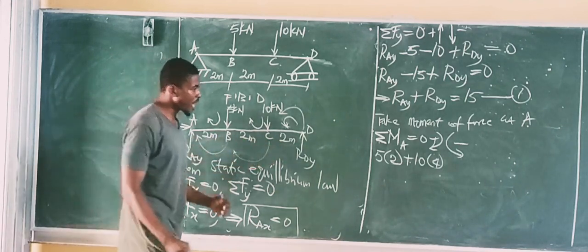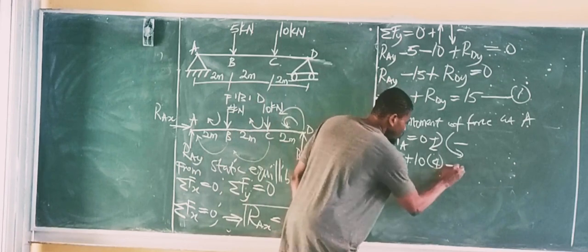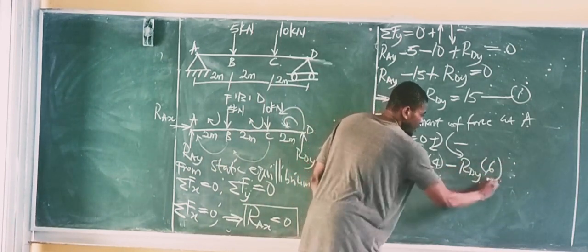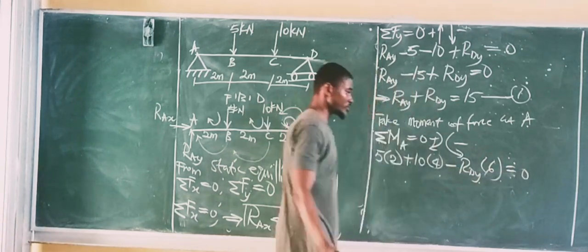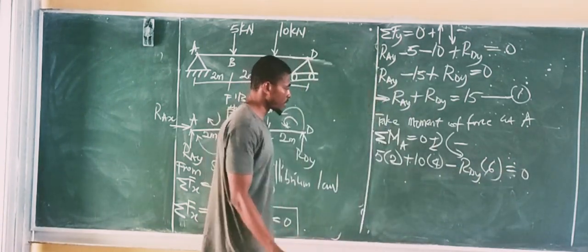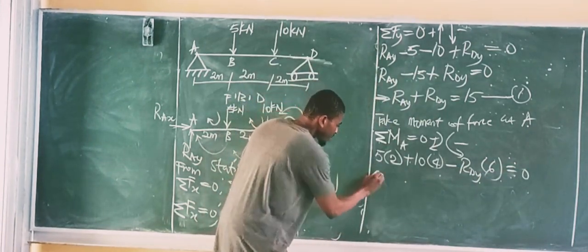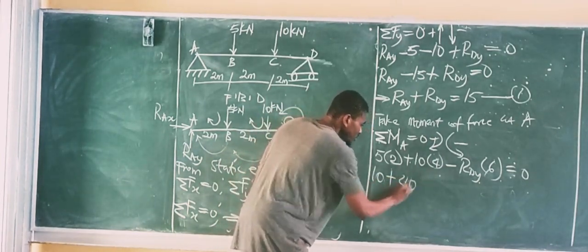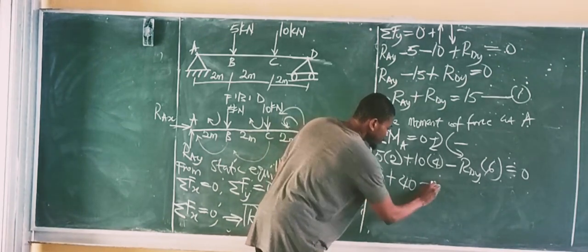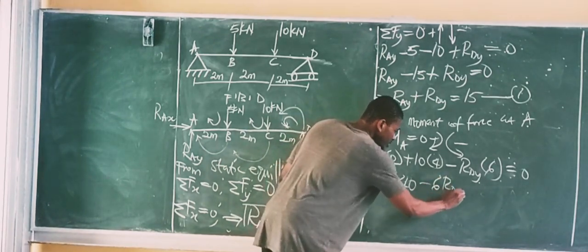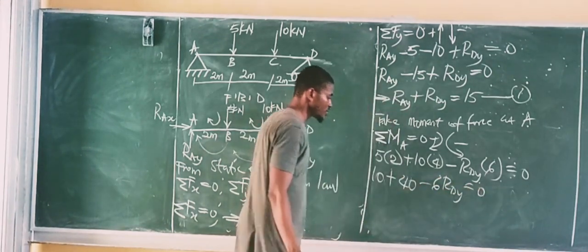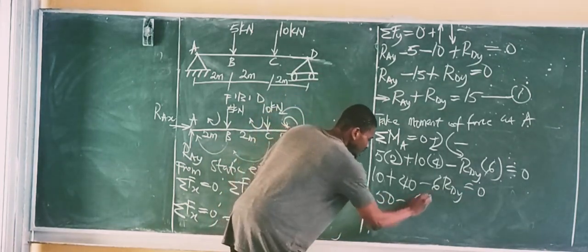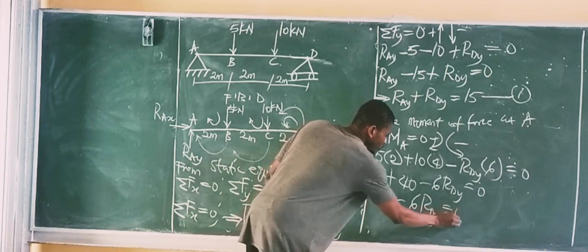So it becomes minus the force, which is RDY, times the distance, 6, equal to 0. So 5 times 2 is 10, plus 10 times 4 is 40, minus 6 RDY, equal to 0. Of course, 10 plus 40 gives us 50, minus 6 RDY is equal to 0.